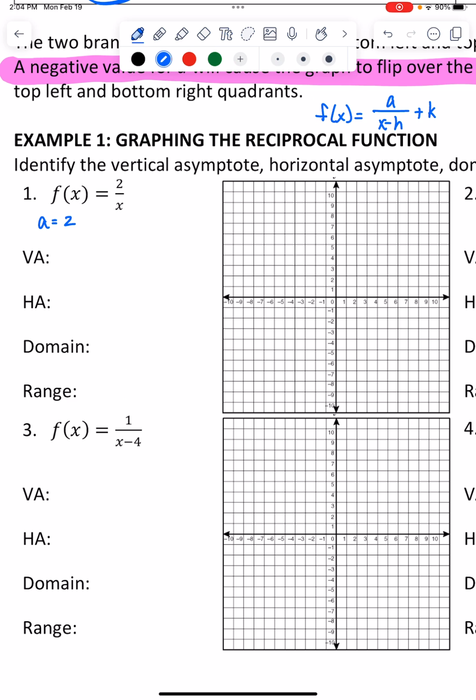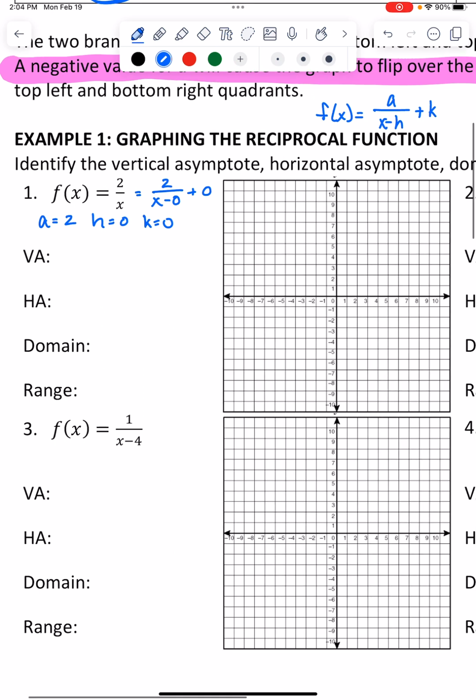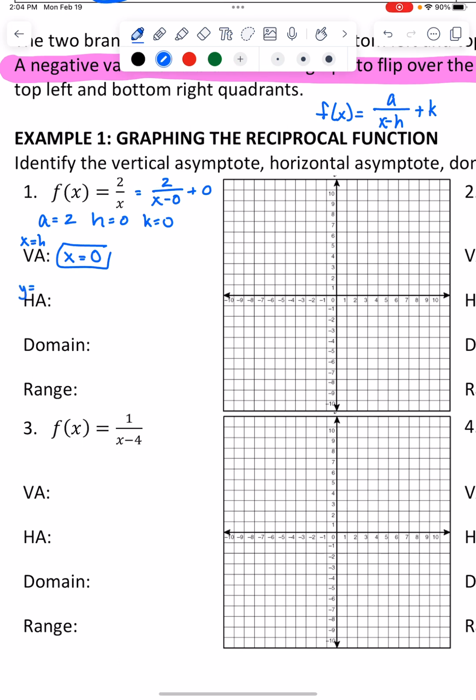X minus h, there's nothing down there with x, so that means that h is 0, and there's nothing being tacked on at the end, so that means k is 0, right? So we could say this thing is the same thing as 2 over x minus 0 plus 0, right? Same thing. Now, vertical asymptote is x equals h, so it's just x equals 0. Horizontal asymptote is y equals k, so k is 0, so y equals 0.